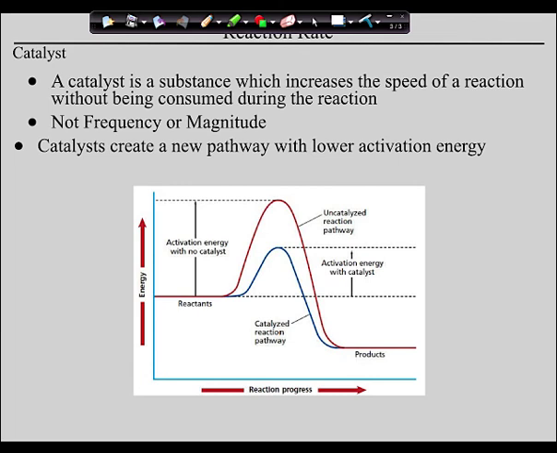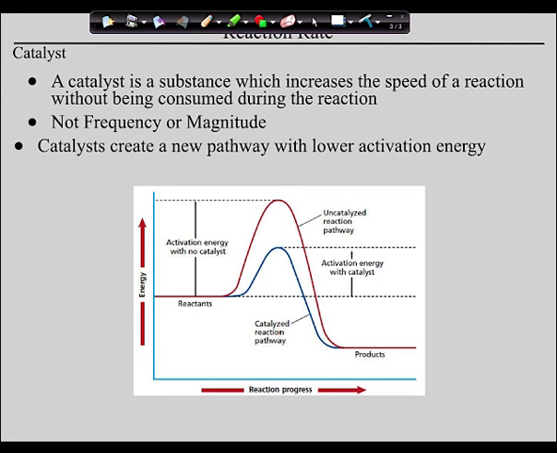Now you don't have to go over the hump anymore. You still start in Orem and you still end up at Strawberry, but you don't have to go over the hump anymore. You can cut through it. And guys, that's what catalysts do. Catalysts provide another way to get from reactants to products that involves less energy, and as a result, it makes the reaction easier. You okay?